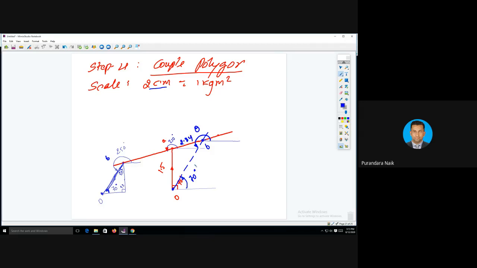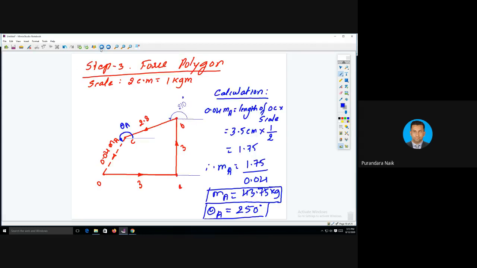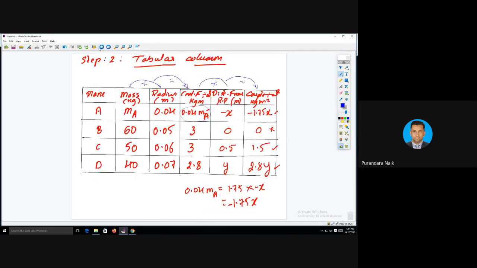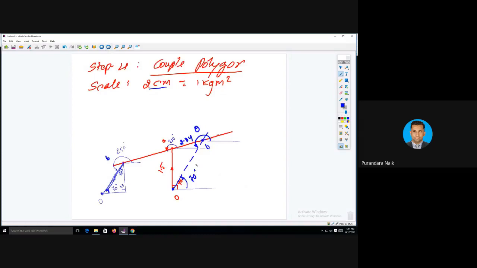This is the last mass, 1.75x. This is 2.8y because this is also unknown. We have taken it randomly. We don't know the exact length, right?